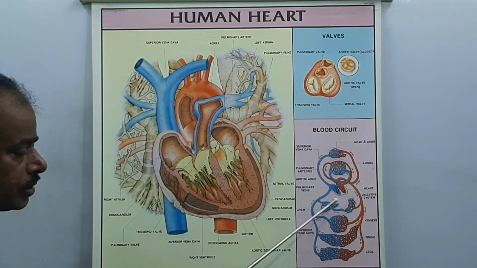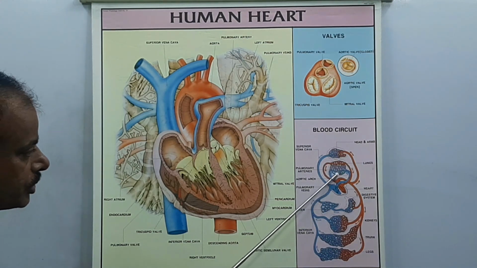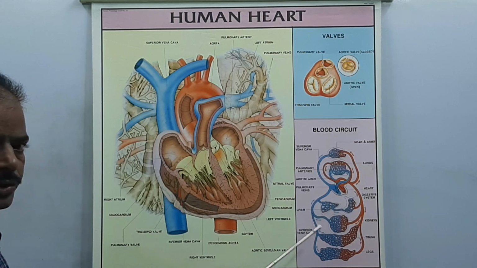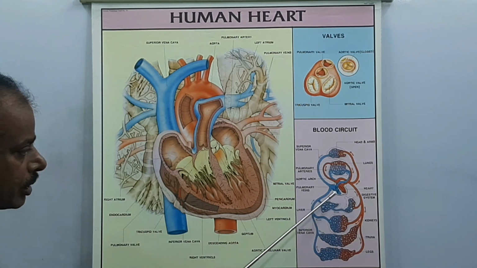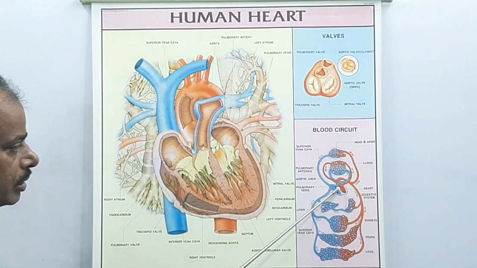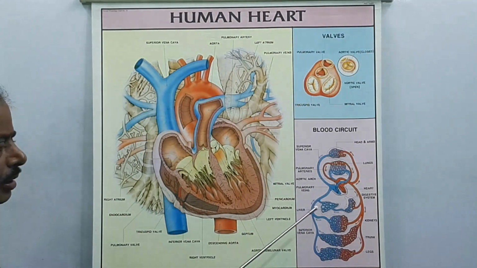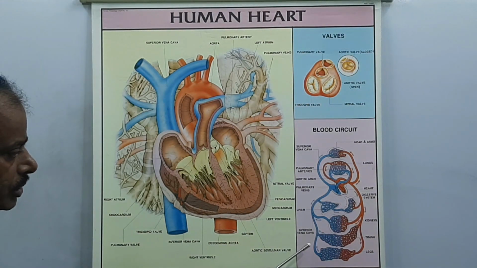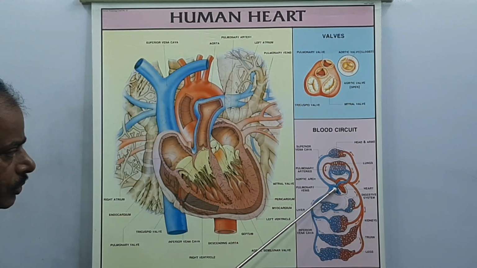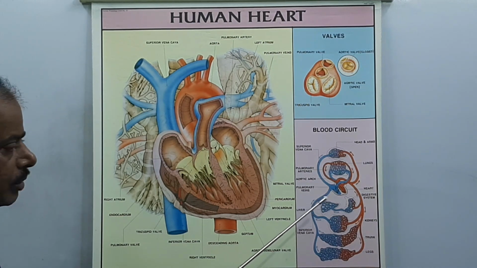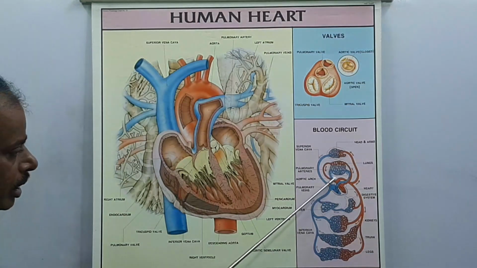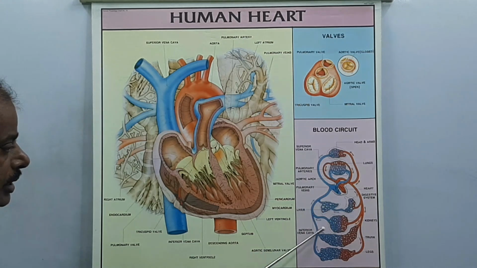These two circulations, pulmonary circulation and the body or systemic circulation, are collectively known as double circulation of blood. Double circulation of blood is the blood circulation in which blood passes through the heart twice in a complete circulation, and this specialized blood circulation occurs only in mammals, including human beings, and birds.